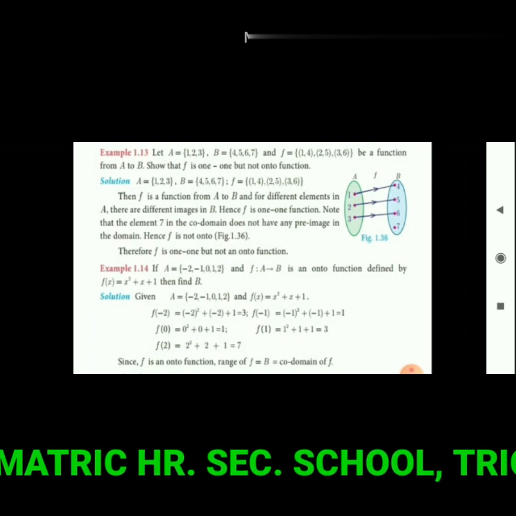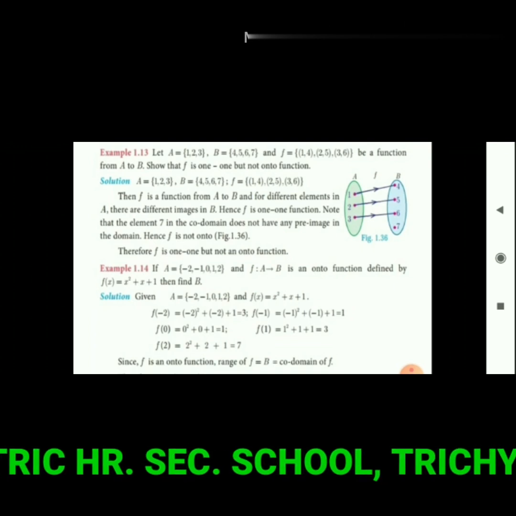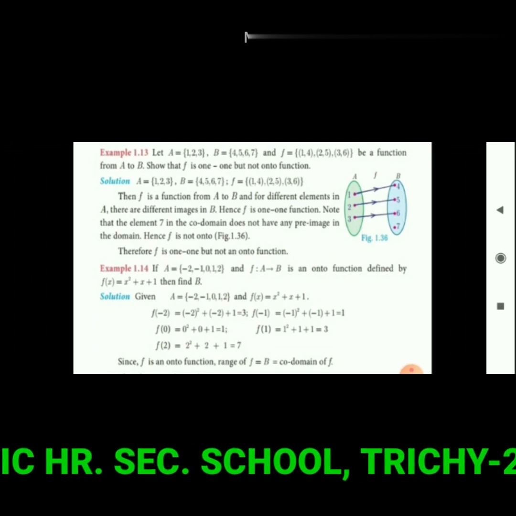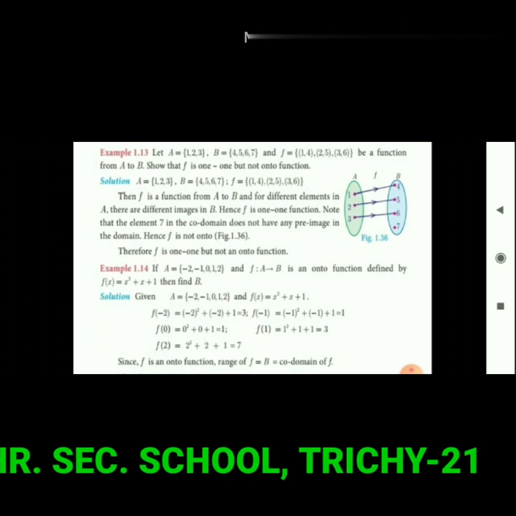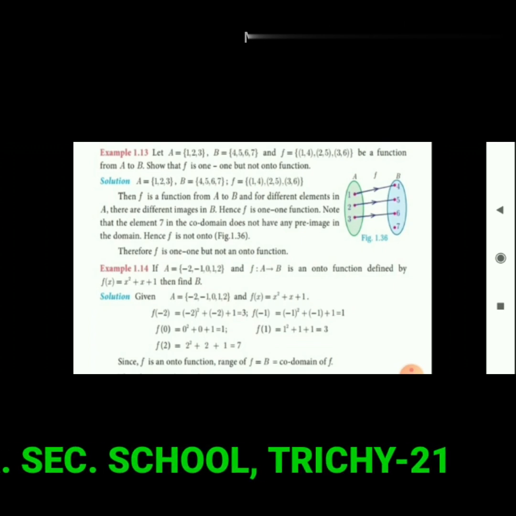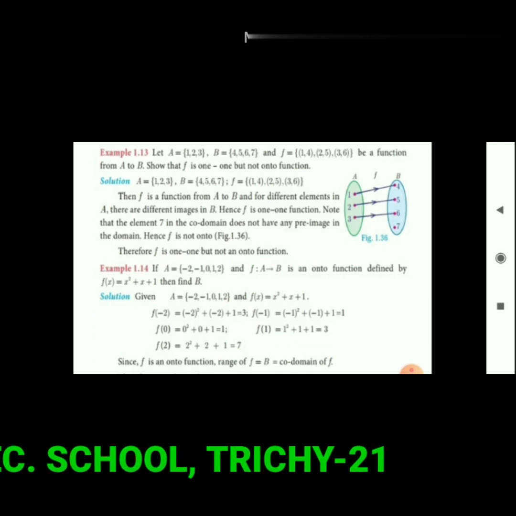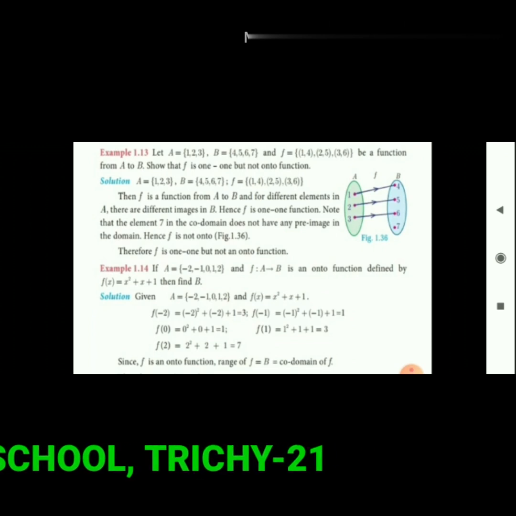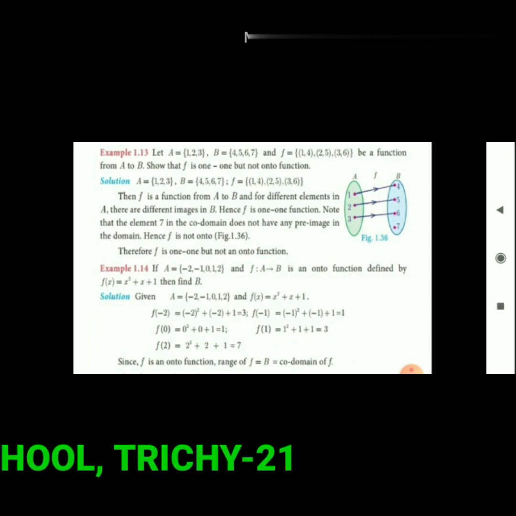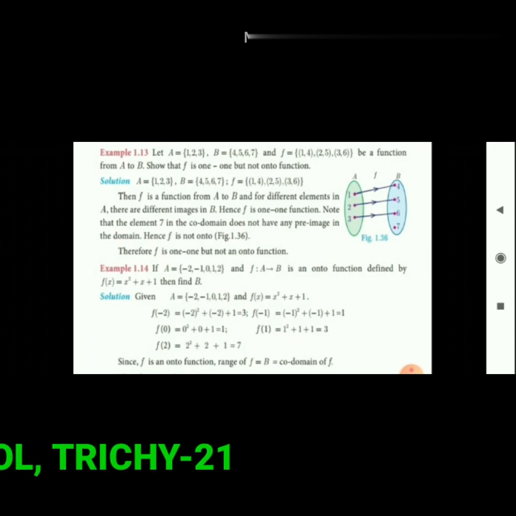We substitute -2 in f(x). We have 3. Substituting -1, f(-1), we get the answer 1. We substitute 0, so f(0) is equal to 1. We substitute 1, f(1) is equal to 1 squared plus 1 plus 1 equal to 3. f(2) is equal to 2 squared plus 2 plus 1 equal to 7.